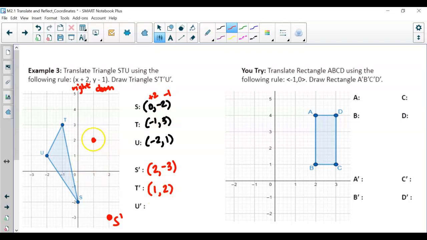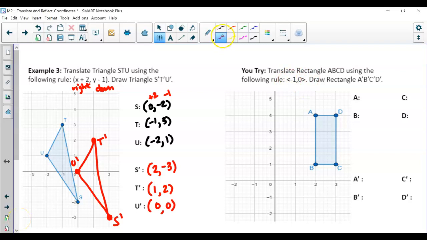So 1, 2, here's your T prime, and U prime, which is at 0, 0 as well, because negative 2 plus 2 is 0, and 1 minus 1 is 0. And here is our U prime. So notice how our image did get moved, translated 2 to the right, 1 down. So go ahead and pause the video and try the U-try on your own, given now in vector form.